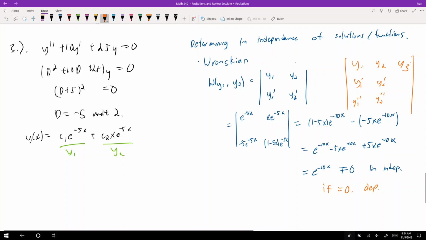Any questions about Wronskians? Yeah, Jake. For the y2 there, does that still work? You plug it back in as y. Yeah, it would. If you plug y2 into this equation for y, it will work. What if you plugged in c3 x squared e to the negative of x? Would that work?